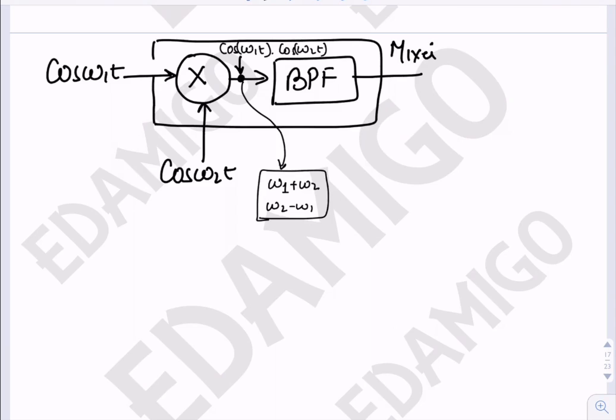Now the output of the mixer can be a signal with omega 1 plus omega 2 frequency, or it can be an omega 1 minus omega 2 frequency signal. It will depend on the band pass filter what the output is.